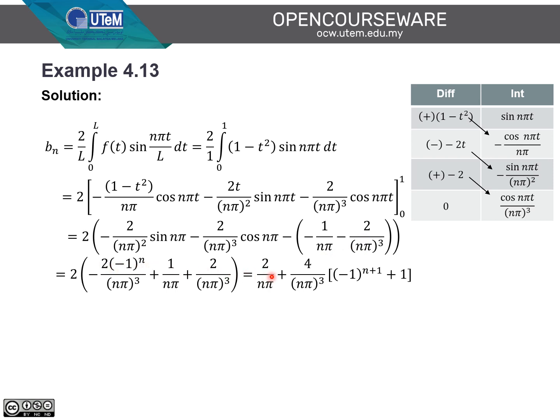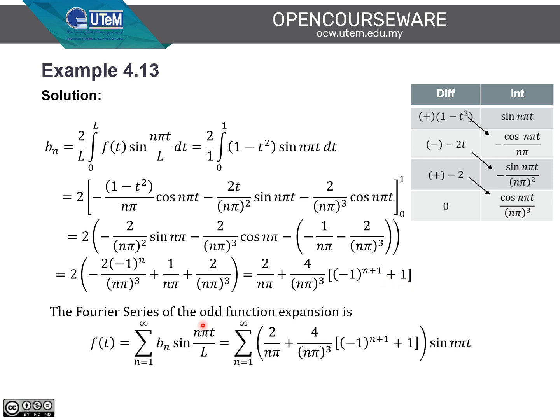Simplify the answer. We get the Fourier coefficient bn equals 2 over n pi plus 4 over n pi cubed multiplied by (minus 1 to the power of n plus 1, plus 1).